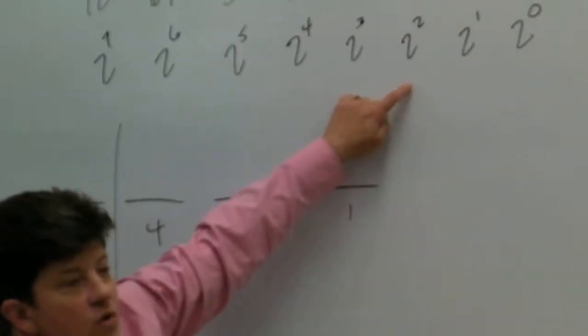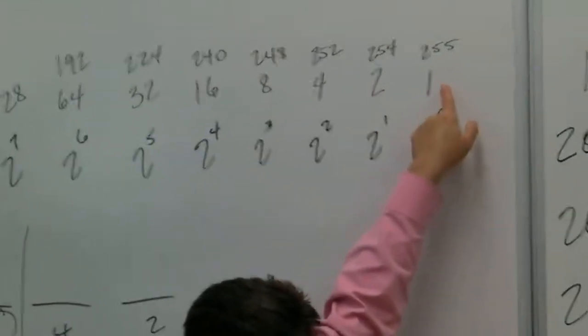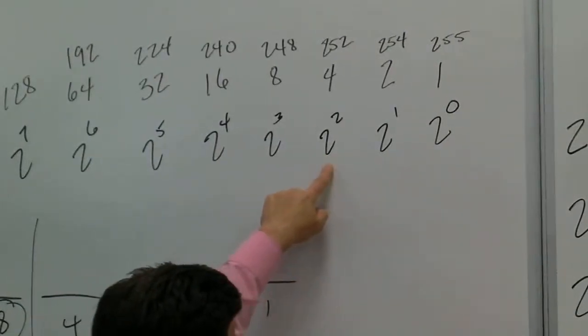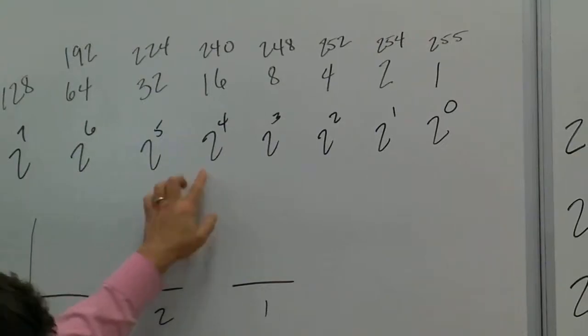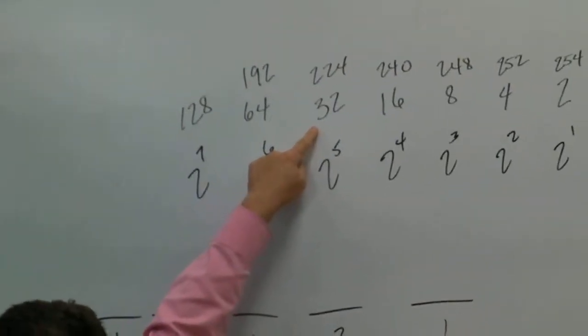This is really what you have with this number line. Any number raised to the 0 power gets you a 1. This is 2 to the 0, 1, 2 to the 2, squared, 2 cubed, right? All the way, 2 to the 5th, 32.